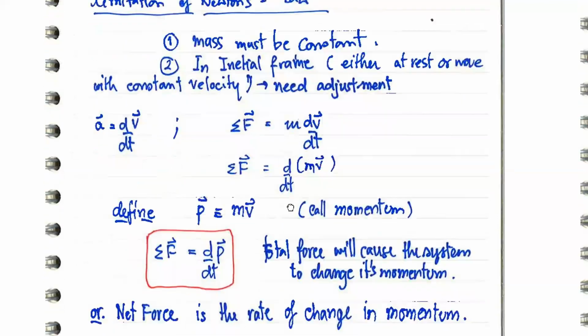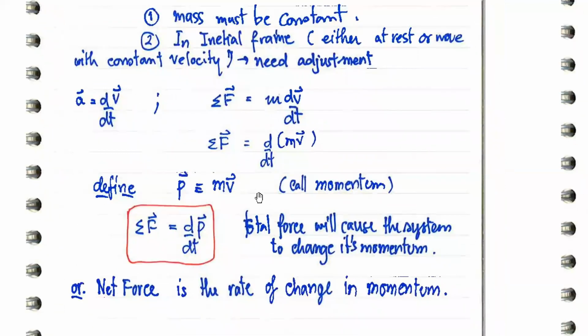Actually, Newton knew this, but he didn't call it like we call it today. He called it an essence of motion, something like that. But he also gave a definition: let's call the product between the mass of the object and the velocity momentum.